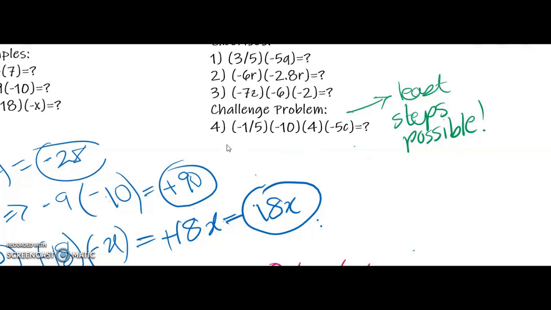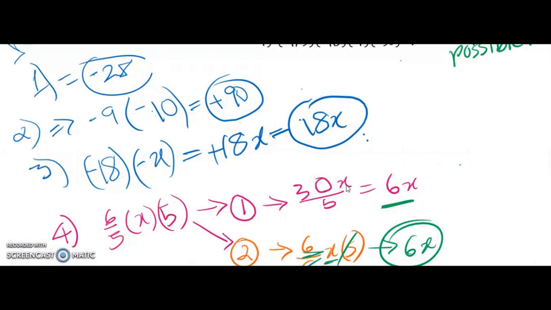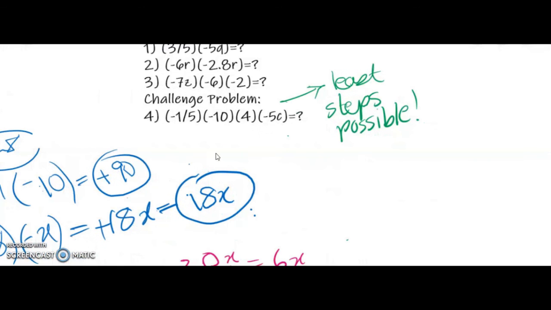So in other words, I want you to solve this in as few steps as you need. So for example, instead of taking 2 steps here, I just did it in 1 and got my answer. So very similar to that, I want you to solve number 4 in that kind of way.